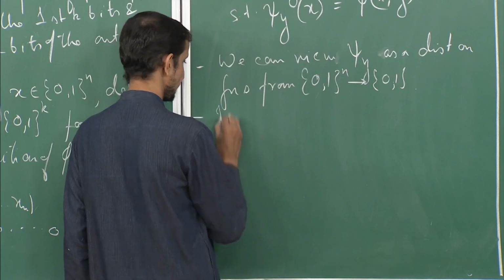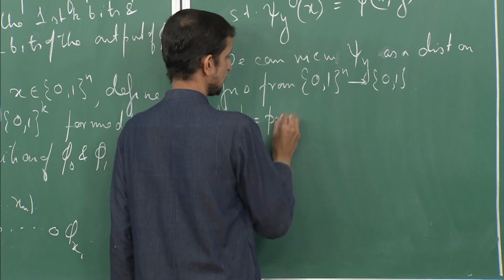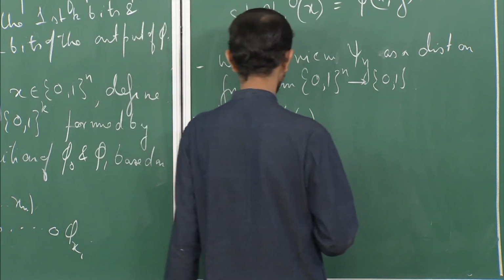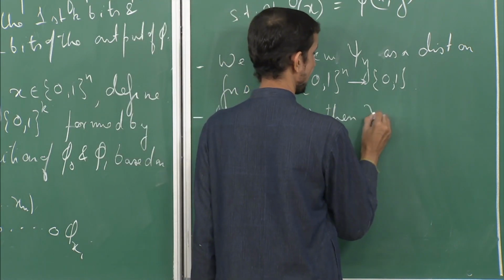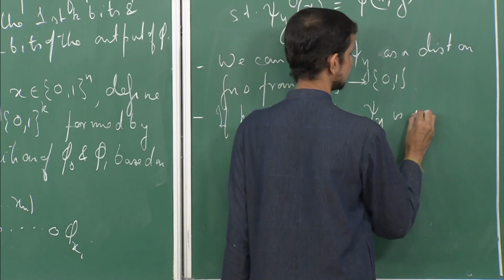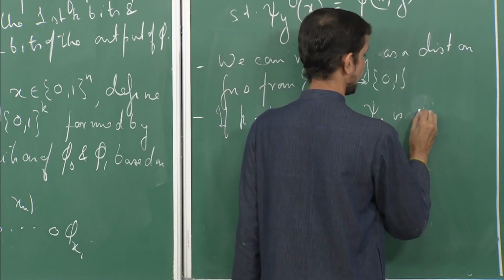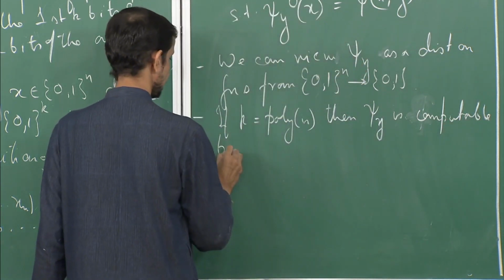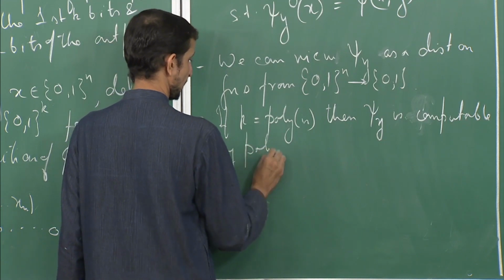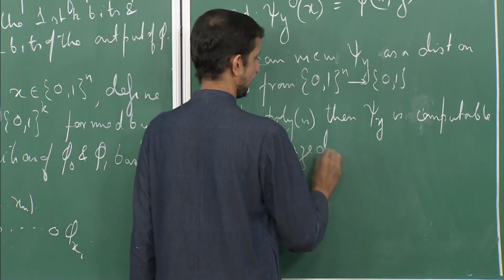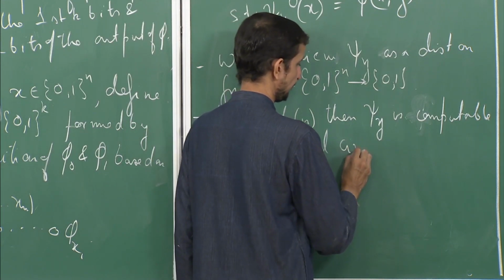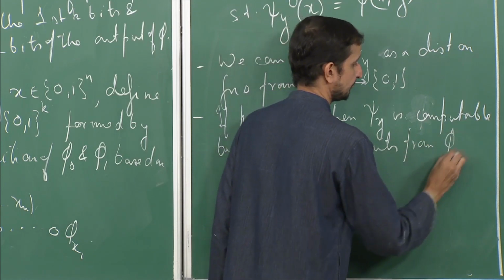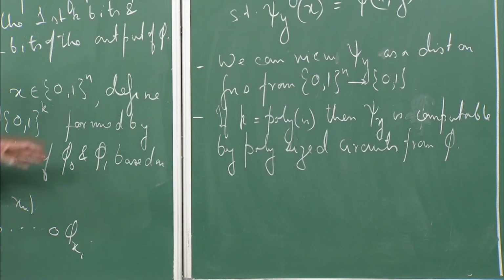Okay, so if k is polynomial in n, if k is some polynomial quantity, then chi y is computable by polysized circuits from psi.